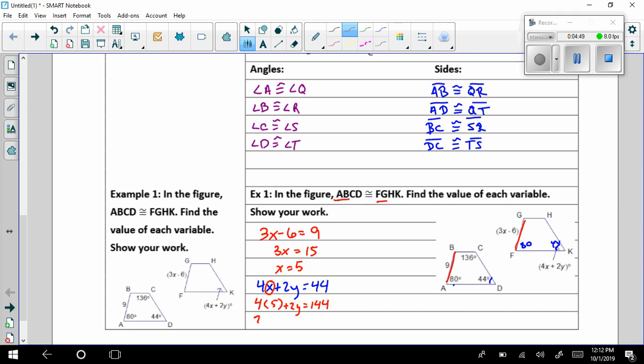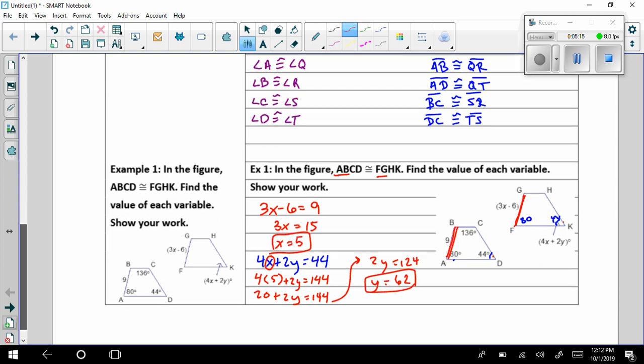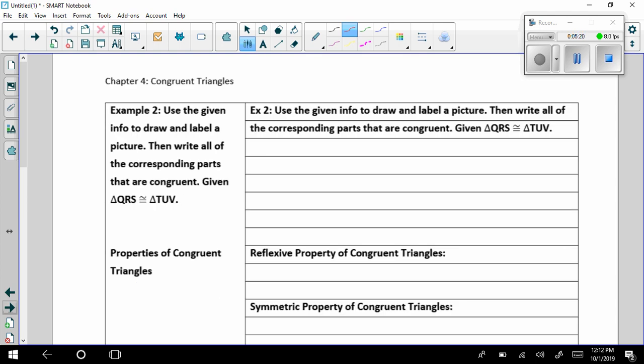And we can solve that the rest of the way out by subtracting 20 and dividing by 2. Okay, so now we have our y and we have our x. All because we knew that this was equal to this and this is equal to this. So because we know they're congruent, we can then set them equal.